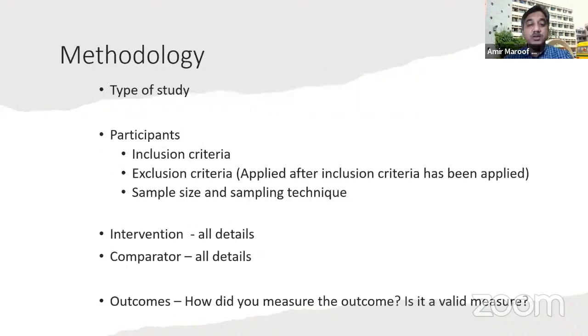If you want to compare these groups, you should have an estimate of what this score will be in this group and that group, based upon the results of other studies done on the same topic. If you don't have any study on that topic, before going for sample size calculation in the thesis, it is always better that we do some pilot study: we collect maybe 5 or 10 patients, write the scores by one technique and by the other technique, and use that estimate for the sample size calculation.